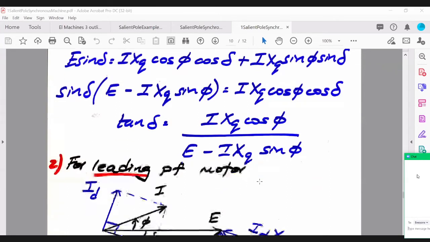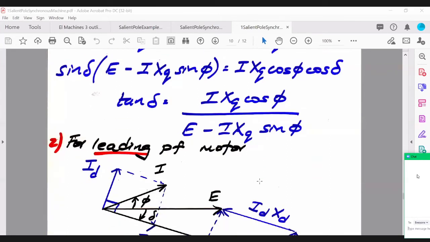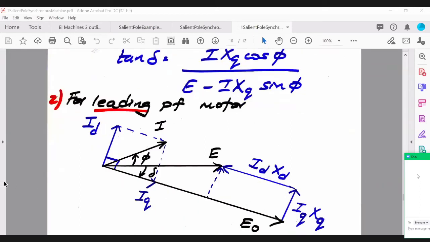Okay, let's move to the next configuration, which is when your motor is now operating in leading power factor mode, right? So the current now moves into a leading angle with respect to the terminal voltage.